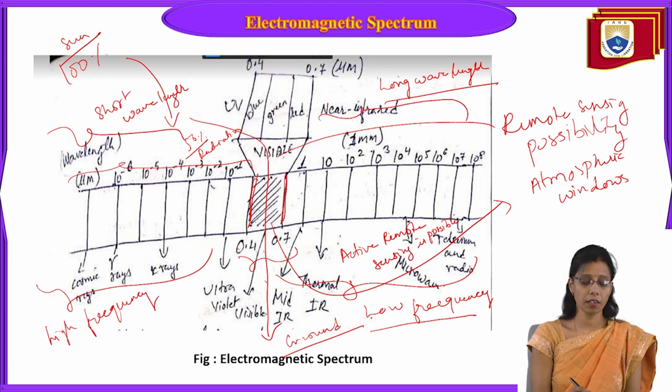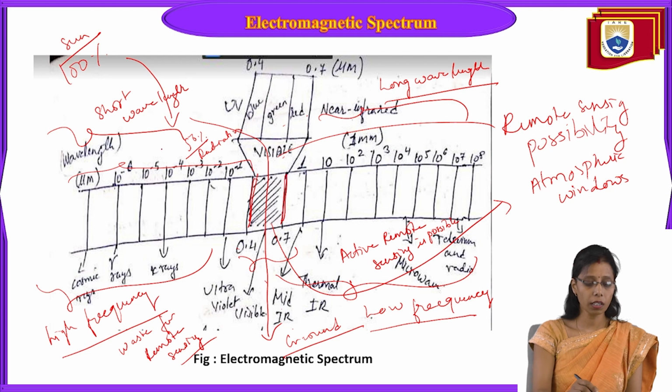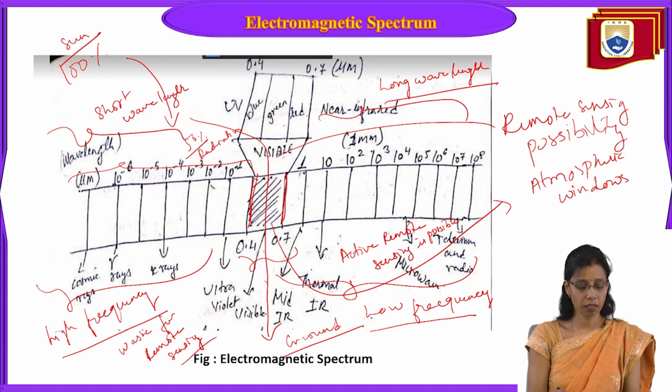Whereas in this region, in the high frequency region, there is no remote sensing possible. It is totally waste for remote sensing because all the radiation is absorbed in this region, in the short wavelength region, like cosmic wave region, gamma rays, X-rays region, or ultraviolet rays region.